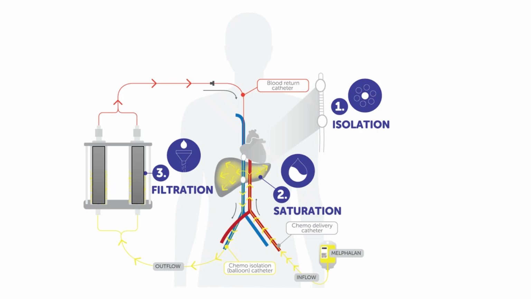On the left side, he will have access to the femoral artery, and that's the access point to thread a catheter all the way up to the hepatic artery, and that's where the melphalan is being infused. So the chemo agent stays mainly in the liver unless there's a leakage, and it can be straight drained into the filter system, filtered out, and blood without significant melphalan levels can get returned to the patient.